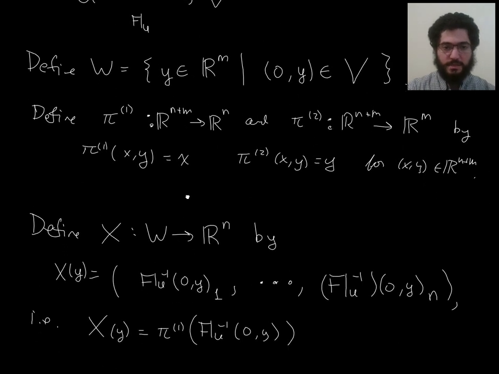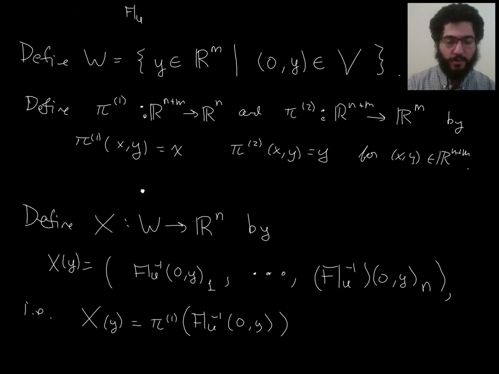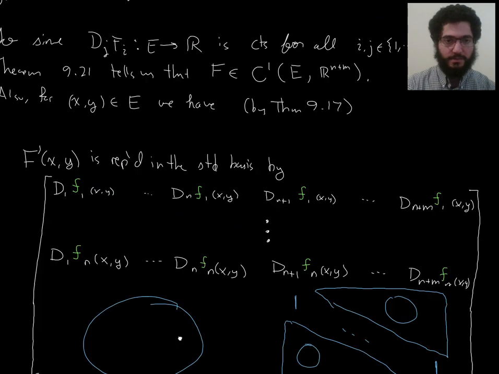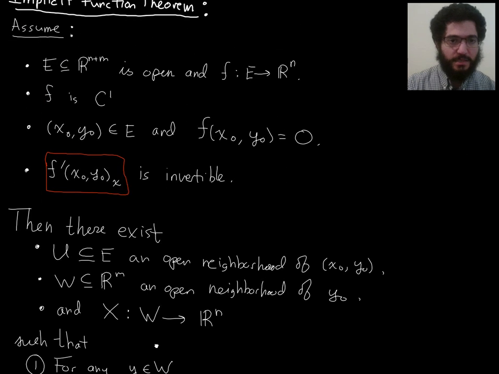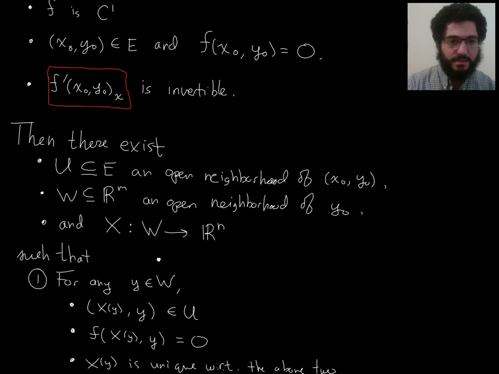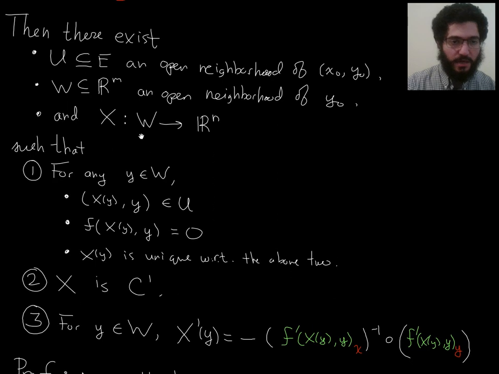And let's see, are we done setting up what x is? So where are we right now? Here's our implicit function theorem statement. I have defined u, and u is open. That was part of what the inverse function theorem said. And I've defined w. I still need to convince you that w is an open neighborhood of y naught. And I've defined x.